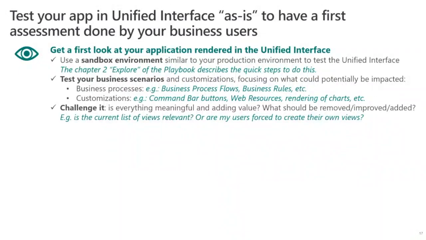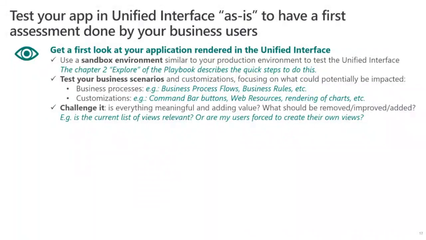Test your business scenarios and customizations, focusing on what could potentially be impacted by the unified interface. So think about your business processes with the business process flows, your business roles, your customizations, if you had any command bar buttons that were custom, if you had web resources, if you had custom rendering of charts. It's not a limited list. These are just examples, but really check that everything is working okay.